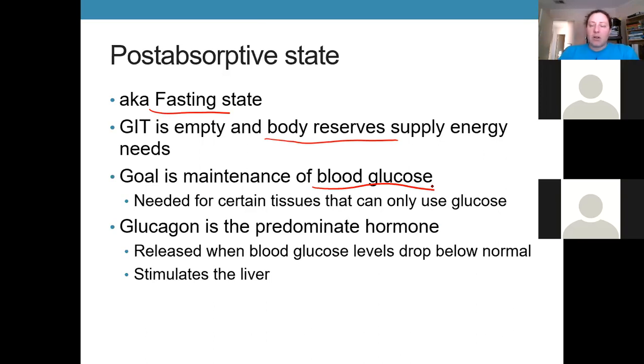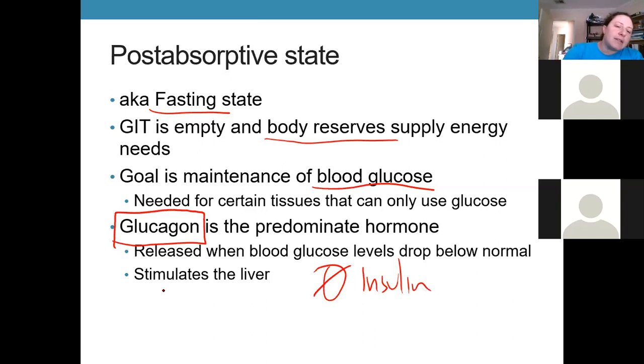The hormone in charge of that is our major catabolic hormone, glucagon. So glucagon is released when blood glucose levels drop below normal. And we also have basically no insulin release. And so glucagon acts on the liver, and the lack of insulin means that most tissues cannot take glucose in.